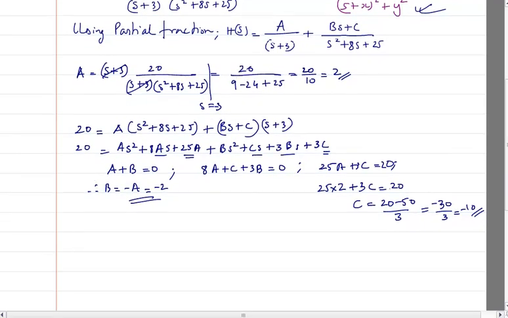So I will rewrite the equation of h of s as a, which is 2 divided by s plus 3, plus b, which is minus 2, so I will write minus 2s, and c, which is minus 10, divided by s square plus 8s plus 25.